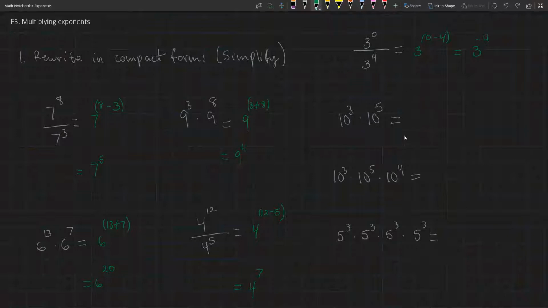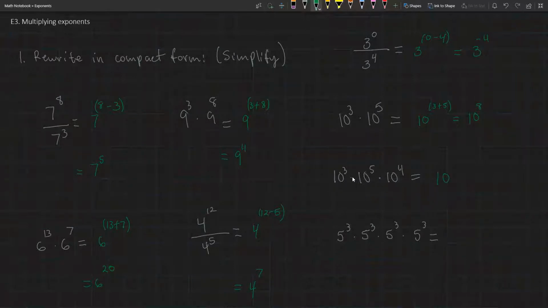All right, so next one is same base. Multiplying means we can add the exponents and write it as 10 to the 3 plus 5, which is 10 to the 8th power. All right, and then so I don't have to write the exponents here, 3 plus 5 plus 4, let's just do it in our head, or you check yourself.